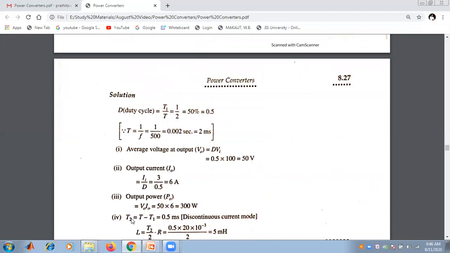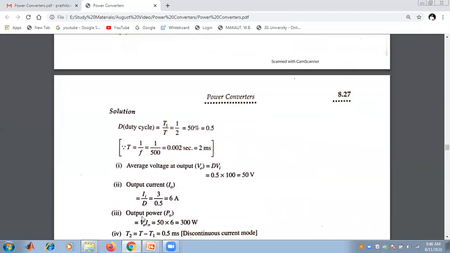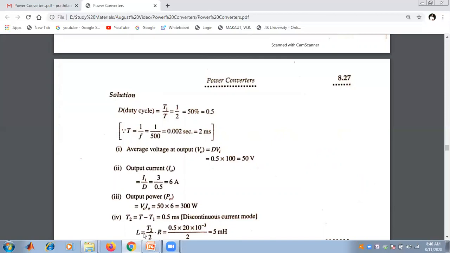So what is T2? T2 is T minus T1, that is 1 minus 0.5, that is 0.5 millisecond for the discontinuous mode of operation. The value of L that is known to us is T2 by 2 into R. Putting in each value, we will get the value of L equal to 5 millihenry.